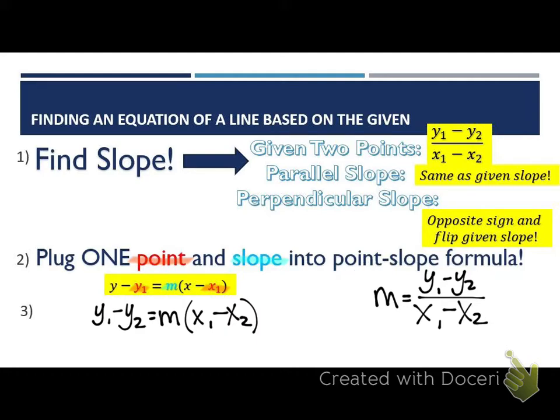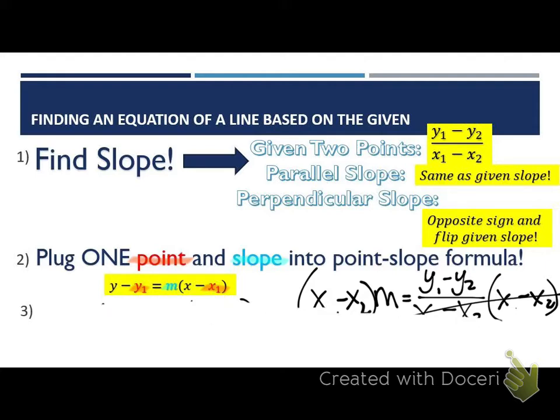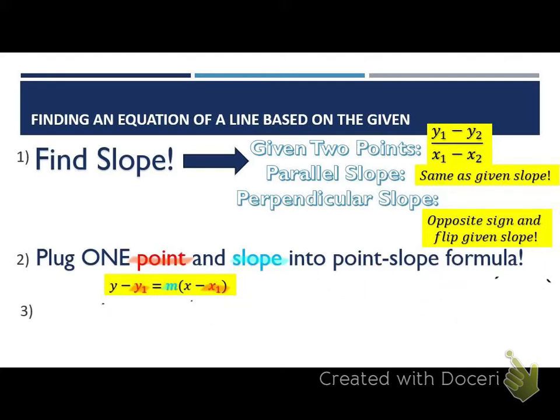What did they do to go from here to our point slope formula? They multiplied by x1 minus x2. So I promise there's a rhyme and a reason for everything we do, and it all comes from the same idea. We don't write y1 and y2 because you're not going to plug anything in to this y or to this x. You leave them like that.